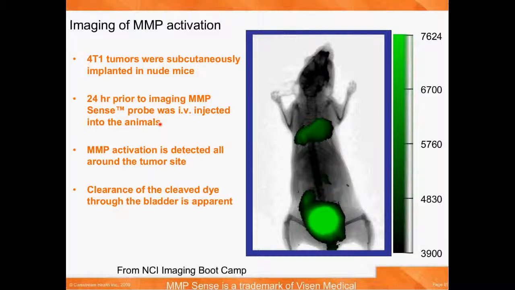If MMP activation is occurring at the site, those fluorophores will diffuse away from each other and become brighter. That bright dye is then eventually cleared to the bladder, and that's exactly what you can see from this in vivo experiment. The tumor is highlighted here, and the bladder, where the fluorophore is clearing from, is highlighted below.